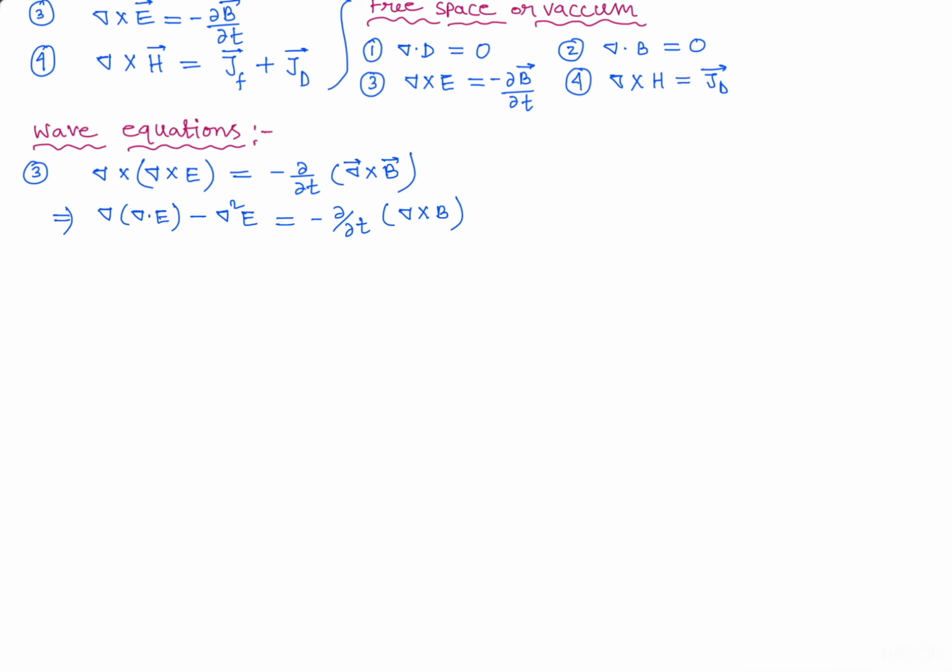And from the fourth Maxwell equation, we write curl of B equal to mu 0 J D, since B equal to mu 0 H, or H equal to B by mu 0.